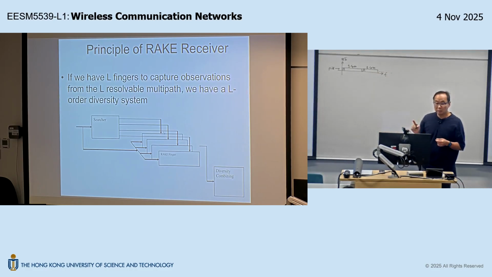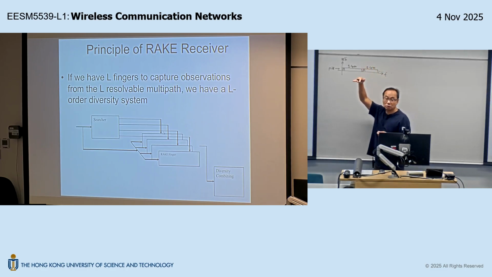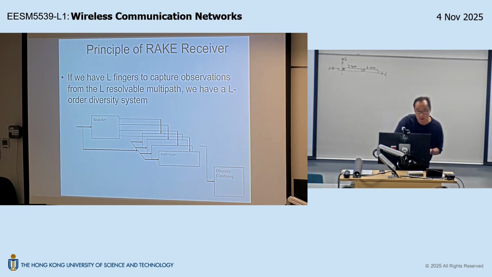So in addition to all the other traffic channels, the base station will also send one reference signal called the pilot channel. The first chip of the pilot channel will be synchronized with the first chip of the other traffic channels.